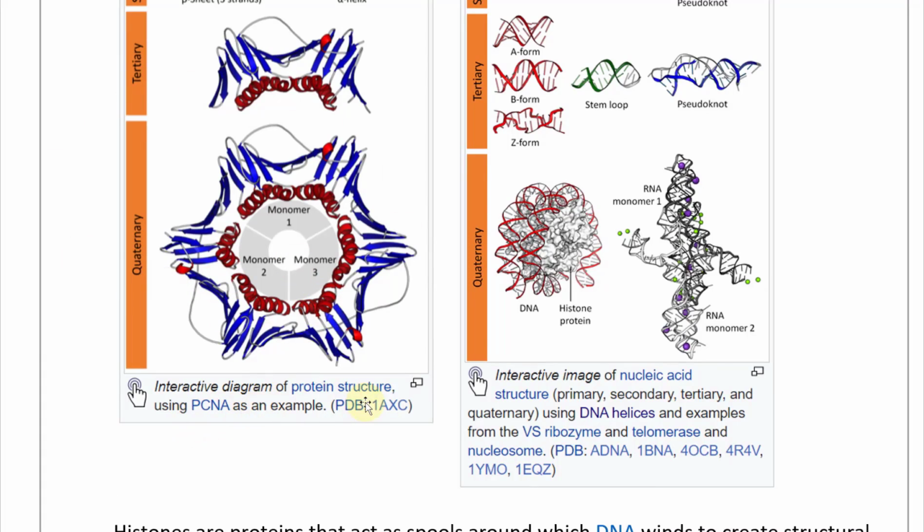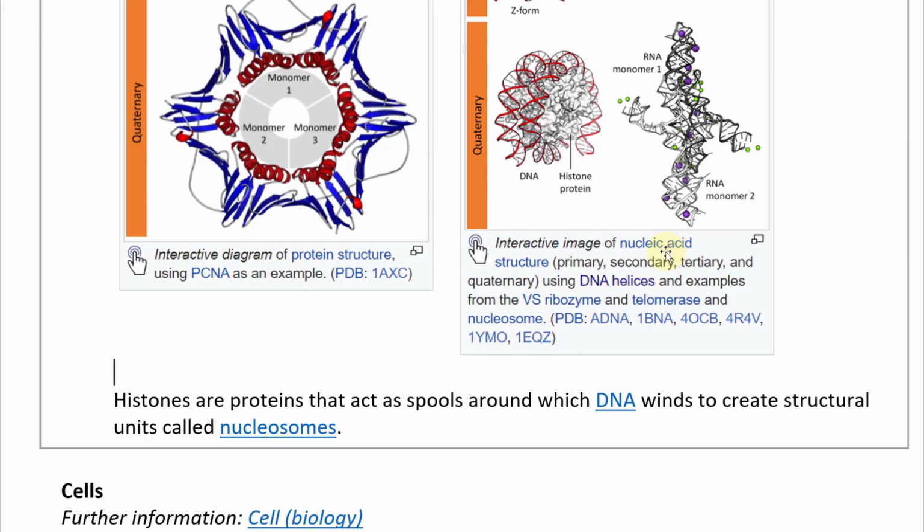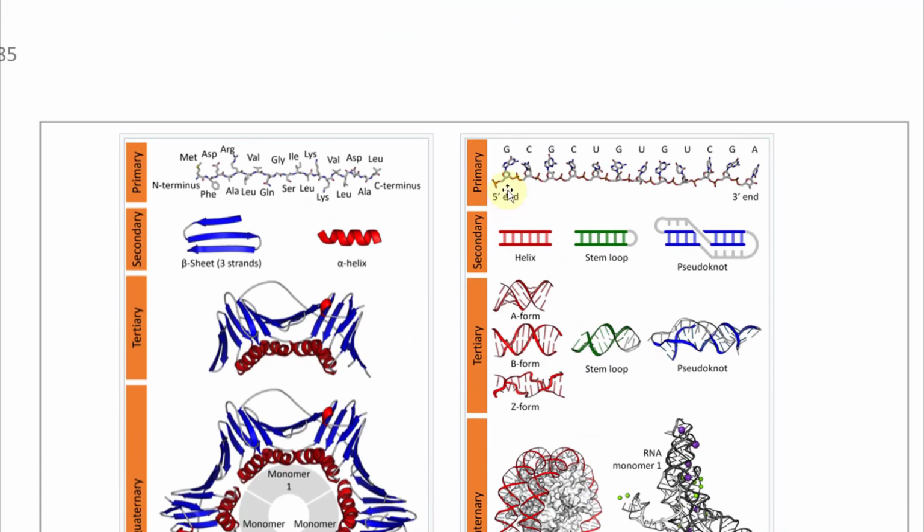So this is an interactive diagram of protein substructure using this software, and there's one interactive for nucleic acid structure, primary, secondary, tertiary, and quaternary, using DNA helices and examples from these types of molecules. Going over here, you have the primary going from the 5' end to the 3' end. These are the nucleotides with the base pairs, GC, GU, all the way over there.